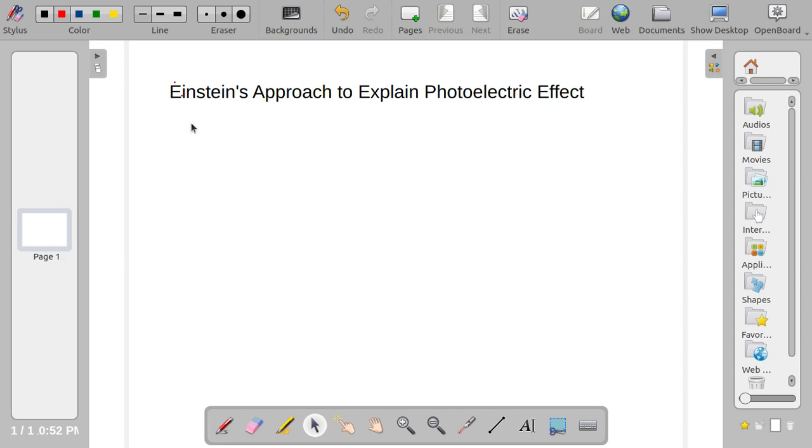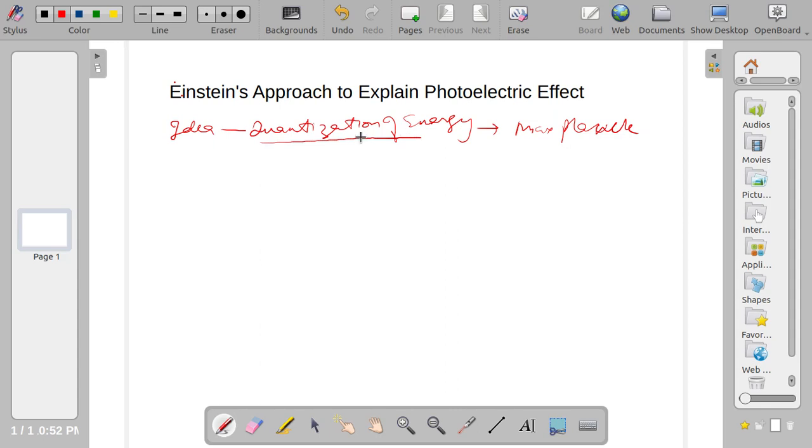Einstein used the idea of quantization of energy, as suggested by Max Planck in the explanation of blackbody radiation. And using this idea, this is a revolutionary idea.